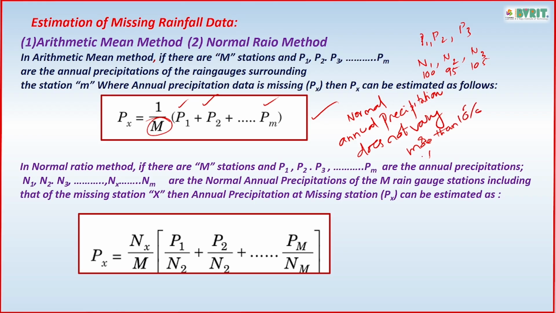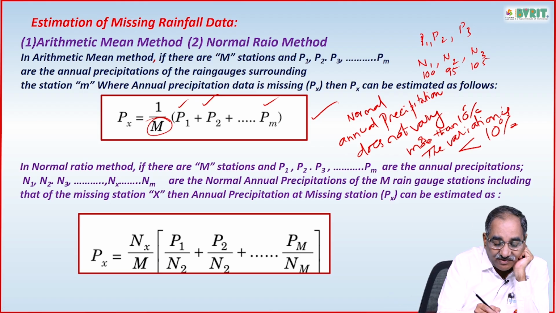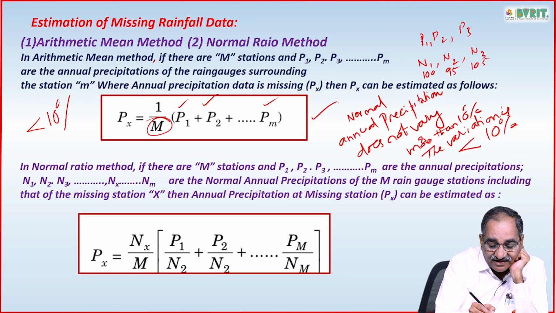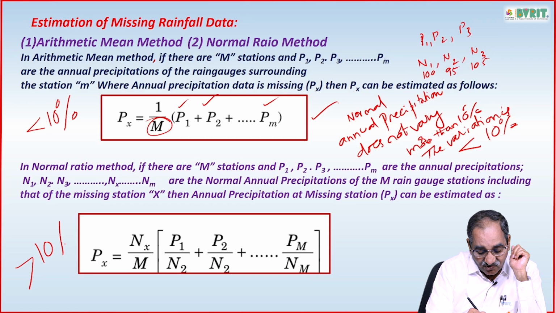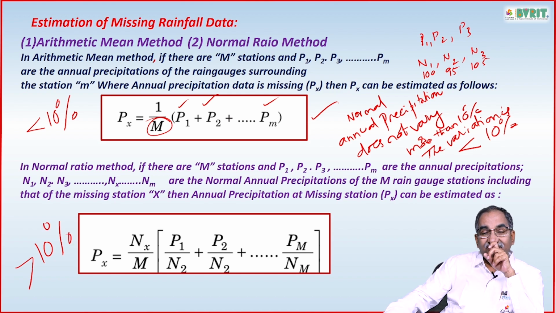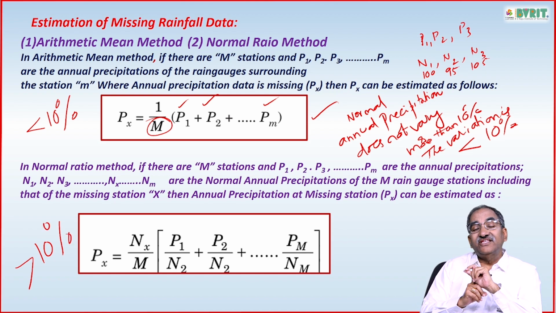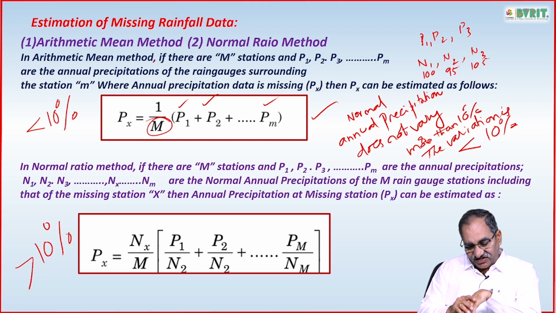That means the variation is less than 10%. If the variation of normal precipitation is less than 10%, then naturally you go for the arithmetic mean method. If the variation is more than 10%, which variation, gentlemen? The variation in the normal annual precipitation of the adjacent stations.